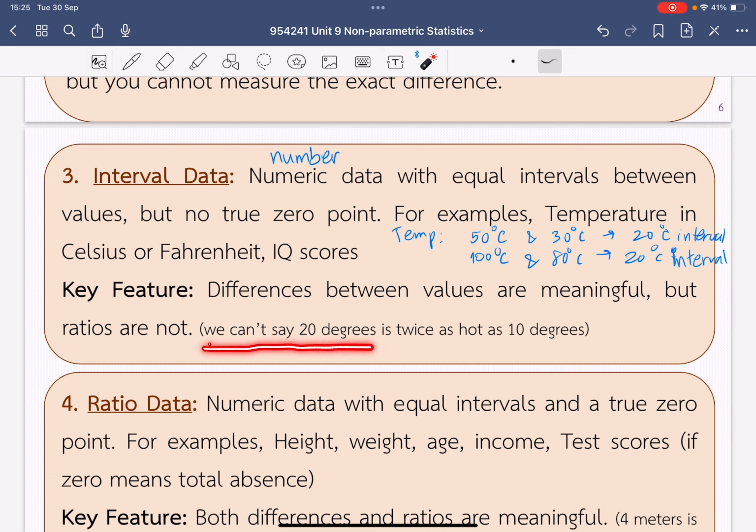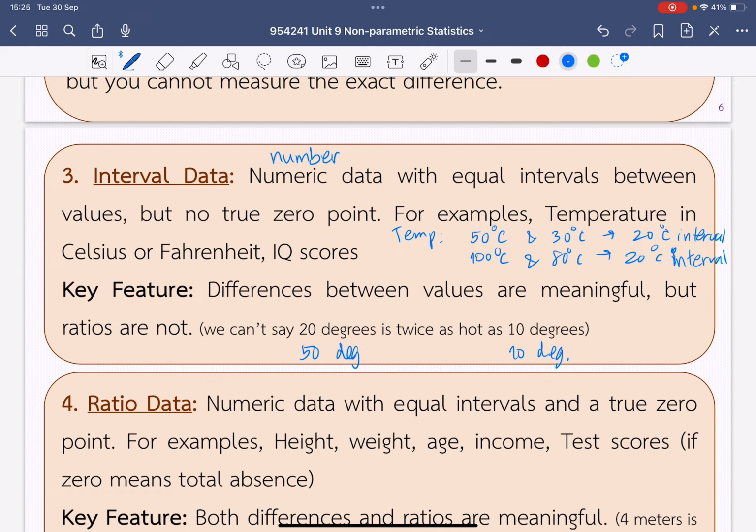We can't say 20 degrees is twice as hot as 10 degrees, or that 50 degrees is 5 times as hot as 10 degrees.